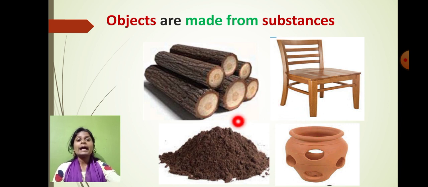So wood and soil both come under the substance category, whereas the chair and the pot come under the object category. Objects have a definite shape, whereas substances do not have a particular shape. The objects are made from substances, and substances we get directly from nature.